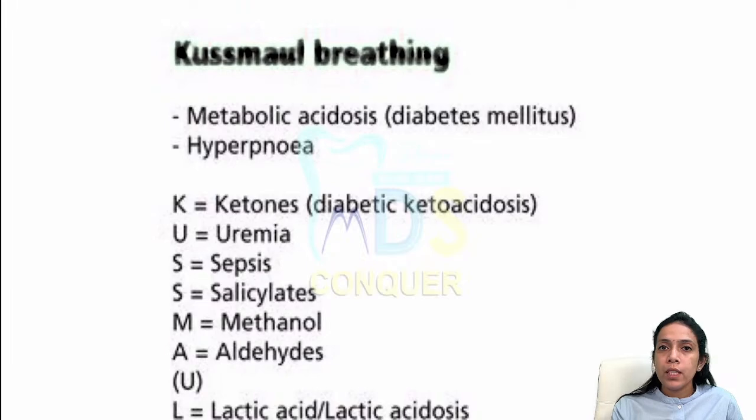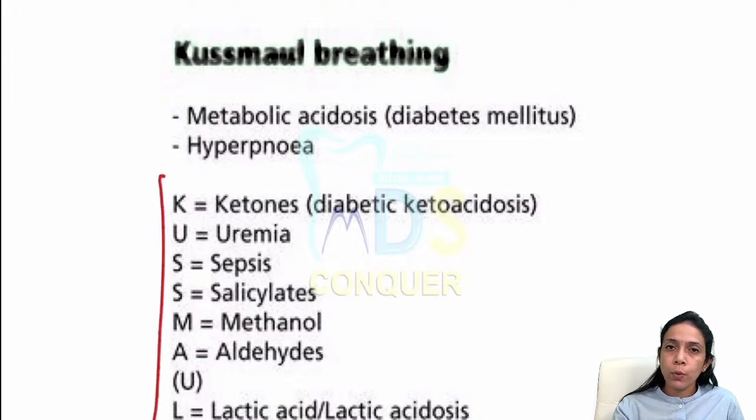So in diabetes mellitus with metabolic acidosis patients, in diabetic ketoacidosis where ketones have been released, uremia, sepsis, and all these, salicylates, lactic acidosis. So the mnemonic is also saying the same thing, right? So as you can see here, do note it, quite important.